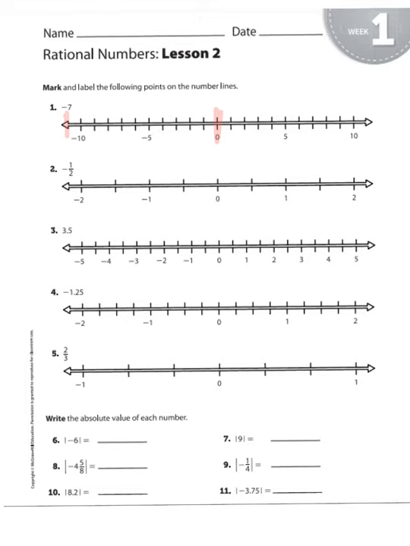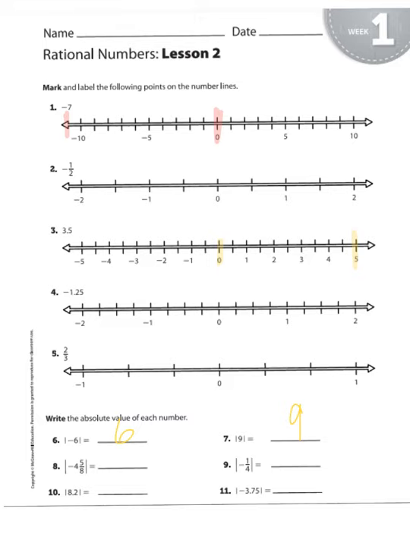If it's a positive number, it's going to go between the positive numbers on your number line. So again, you're just going to drag your answer to the correct location on your number line. And then at the bottom, write the absolute value of each number. So again, remember, if it's a negative, you're going to turn it into a positive. Negative 6 would turn into positive 6, but a positive 9 is going to stay a positive 9.